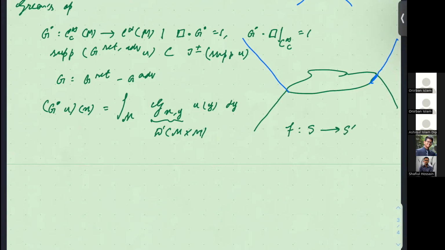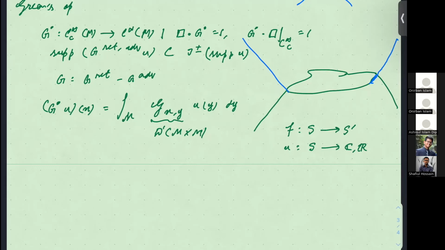It takes, say, a number and maps it to another number. For the case of a distribution, it will take a function but produce a number, in C or R, depending on your model. I will give a more concrete example in the context of quantum fields.